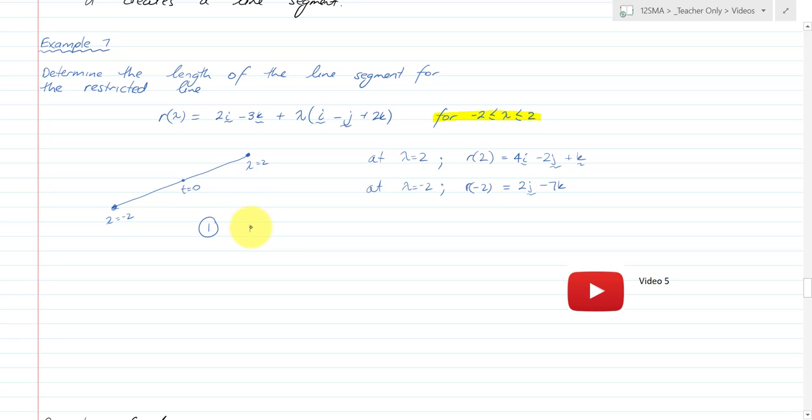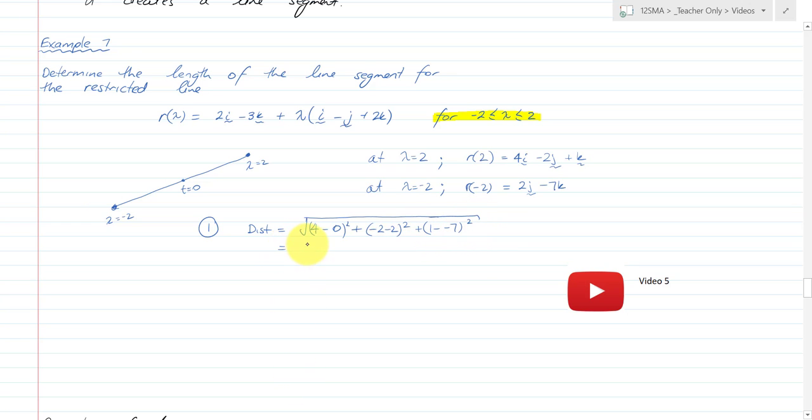So the distance is equal to the square root of 4 minus 0 squared plus -2 minus 2 squared plus 1 minus -7 squared.